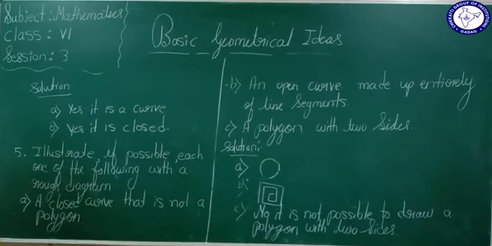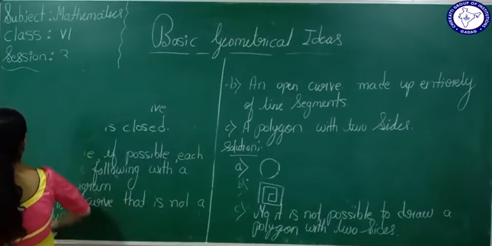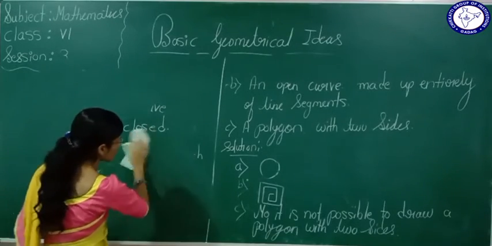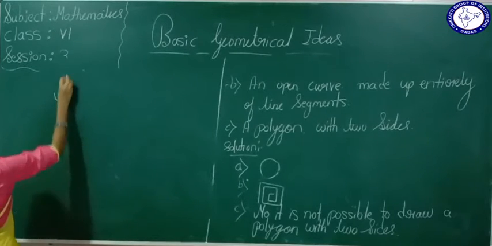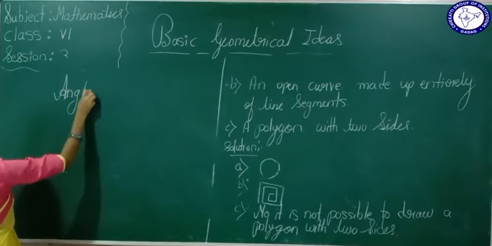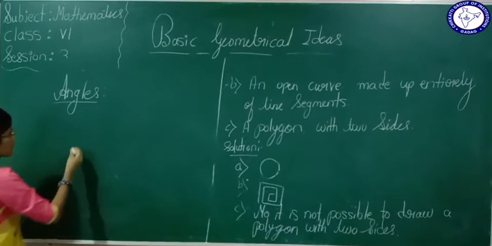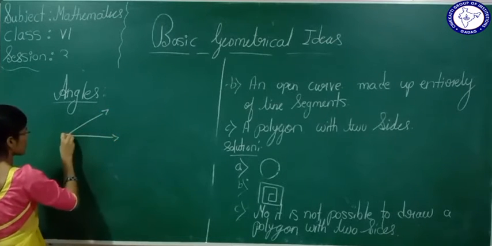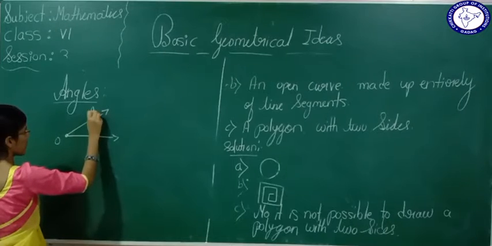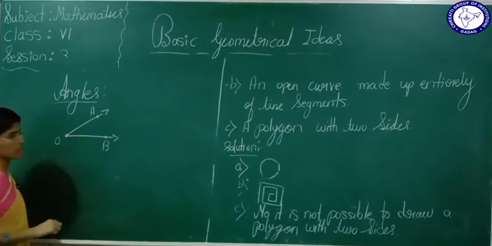Now we are going to see the next concept, that is called angles. So what are angles? See here, O, A, B. So two rays.